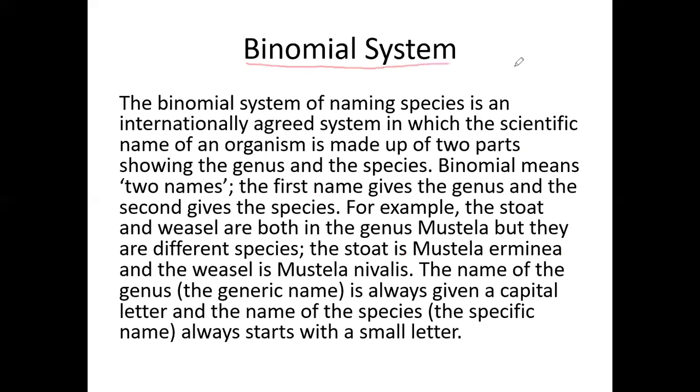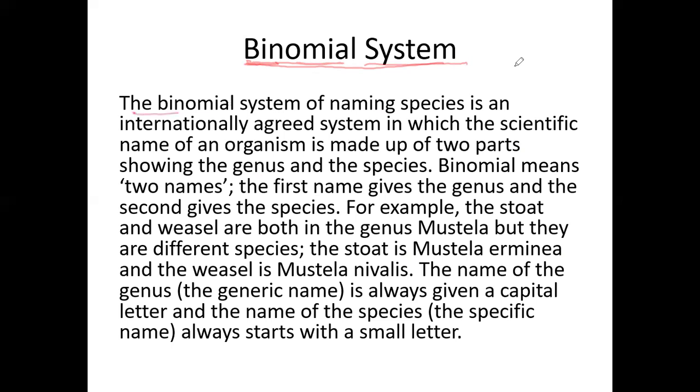Binomial system of nomenclature. Bi means two, nomial means naming. It means a name based on two names, which is internationally accepted.